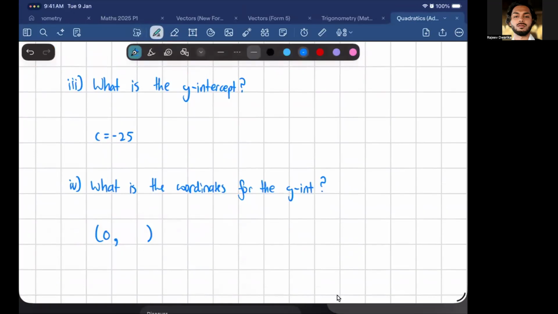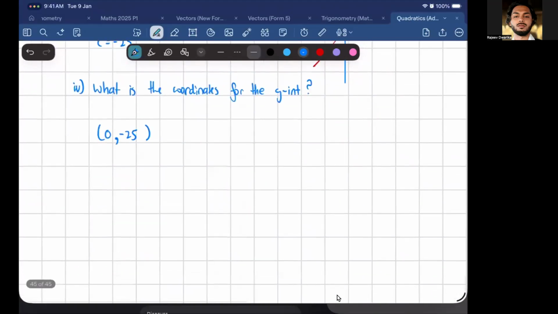Caleb, at the y-intercept, x is equal to 0 because you're on the y-axis itself. Consider a line that cuts the y-axis. At the point where it cuts the y-axis, that point is on the y-axis, which means the x value is 0, and the y value in this case would be minus 25. Be very careful about that, Caleb.